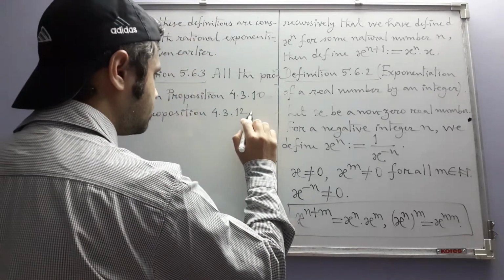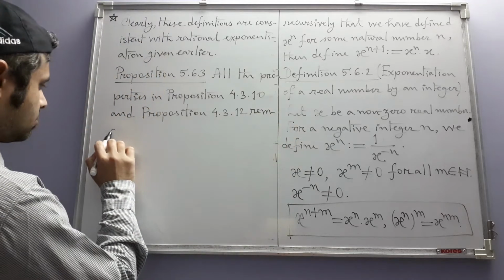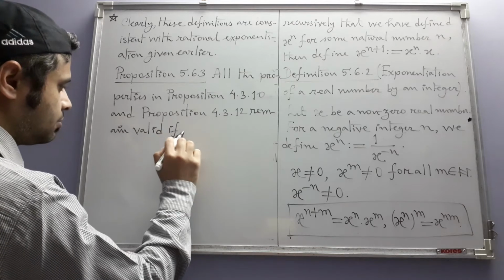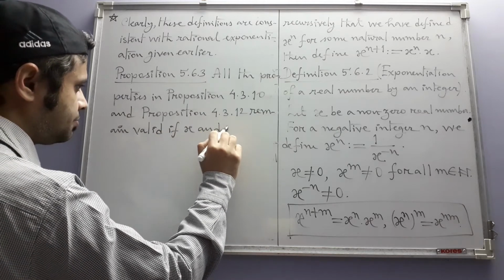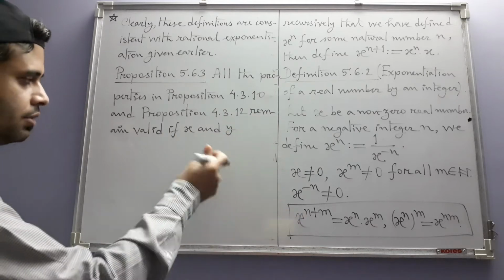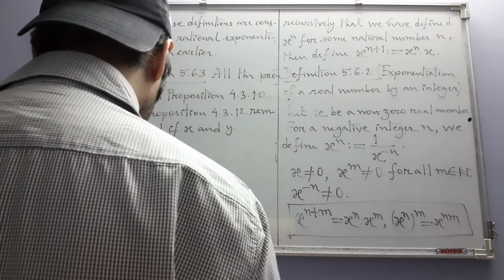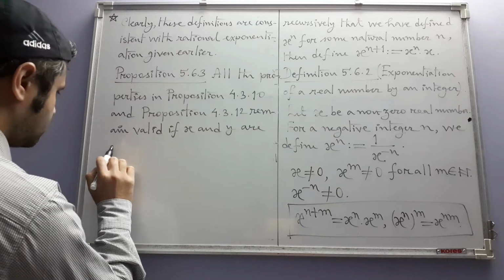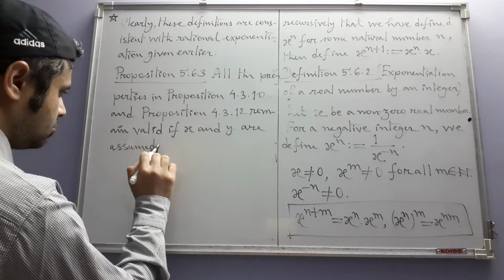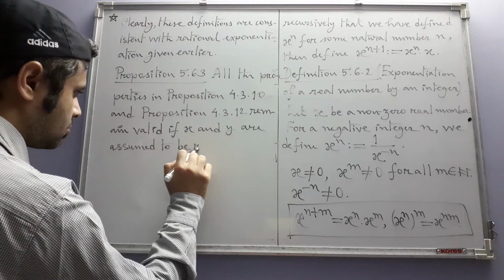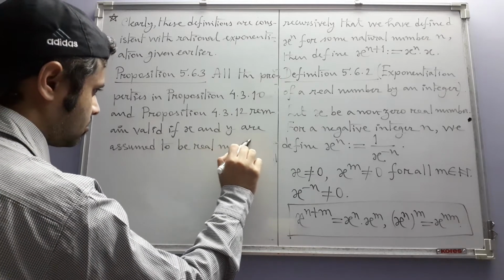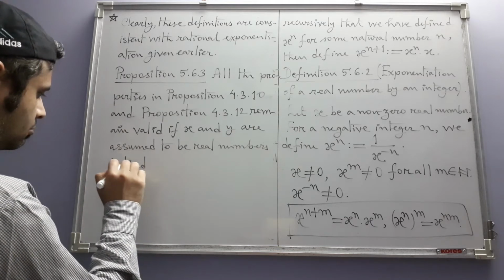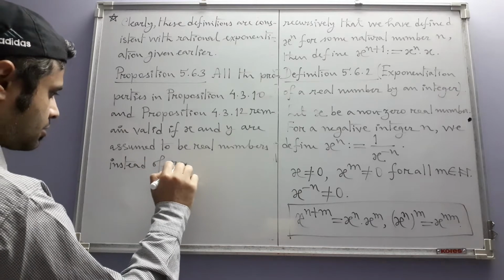Remain valid if x and y, the bases that we have there in these propositions, are assumed to be real numbers instead of just rational numbers.